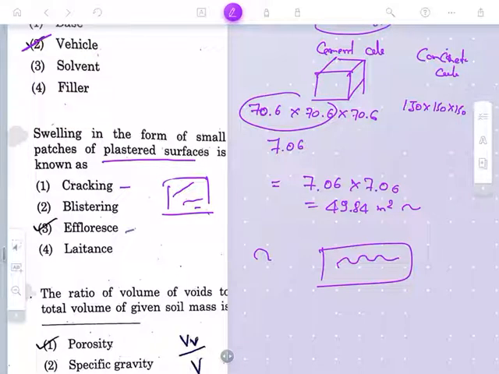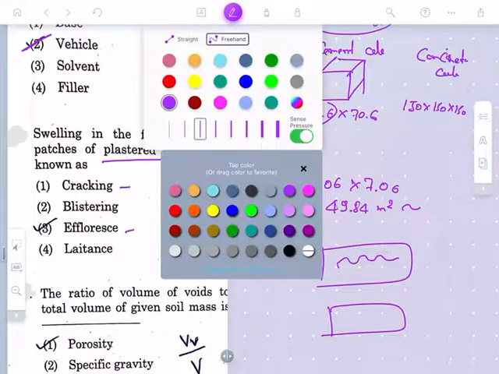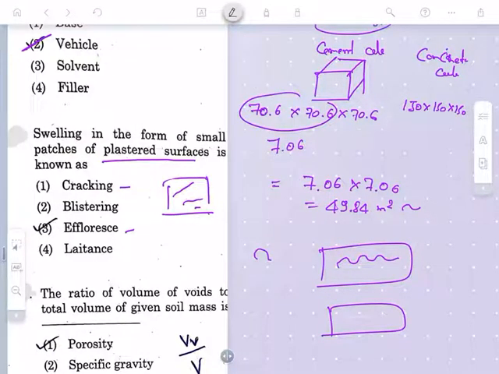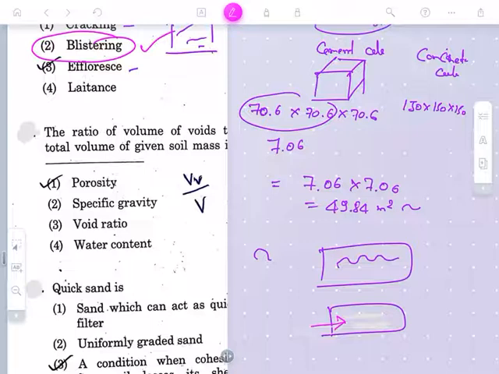Efflorescence is nothing but some white patches formed on the plaster surface. The formation of these white patches is mainly because of the presence of alkalis. So according to the question, blistering would be the right answer.